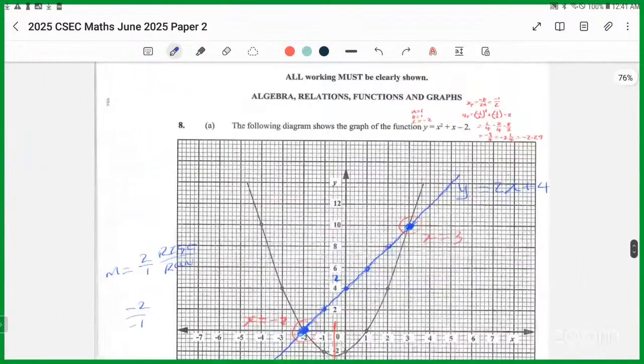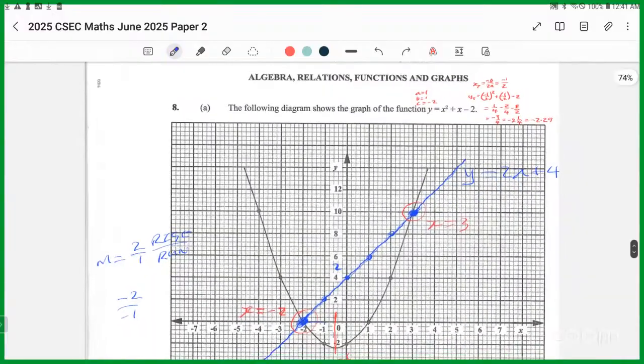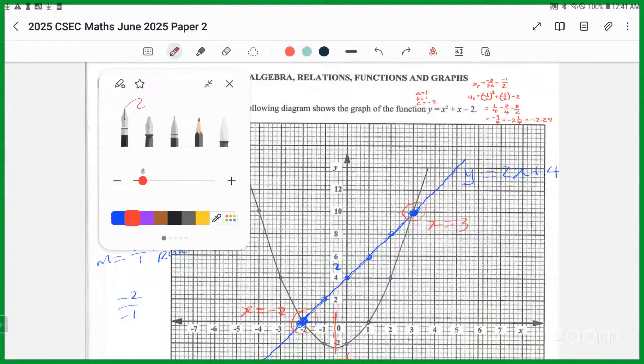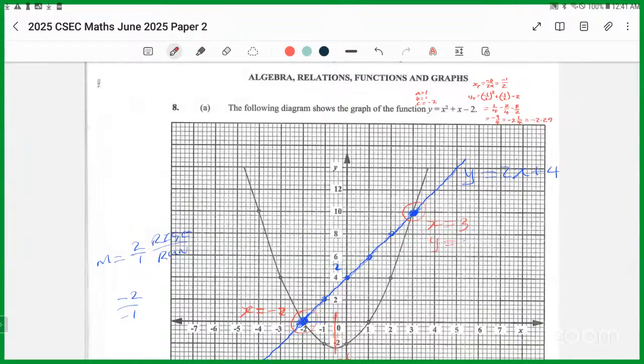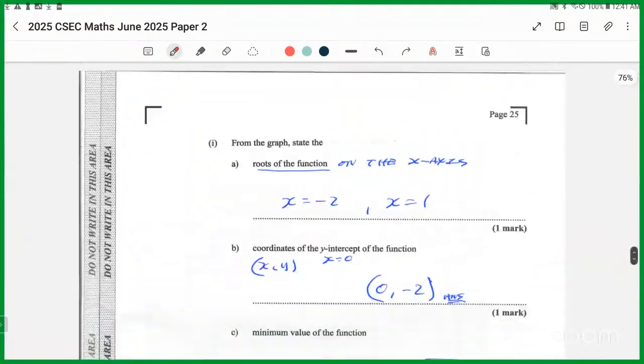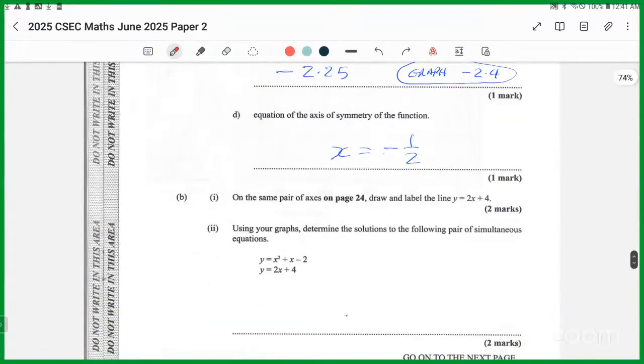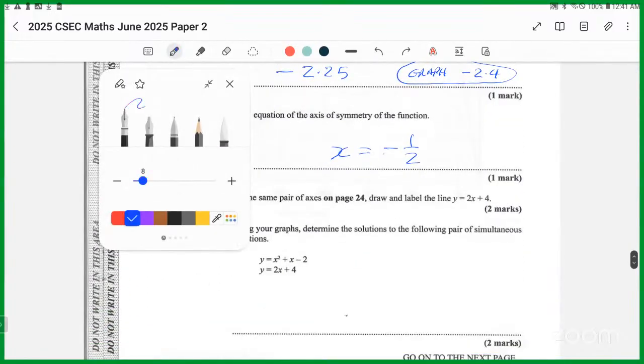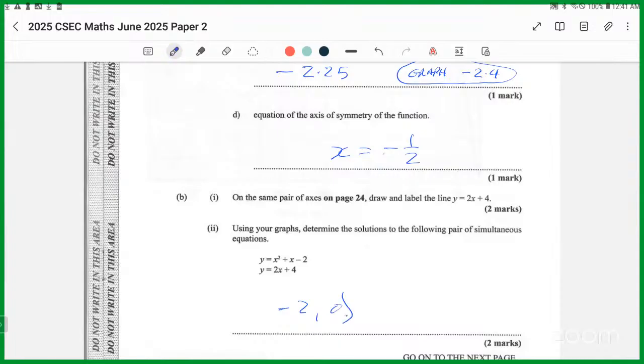This point is (3, 10), y equals 10 at that point. This point, y equals 0. So it's (-2, 0) and (3, 10). That's the solution.